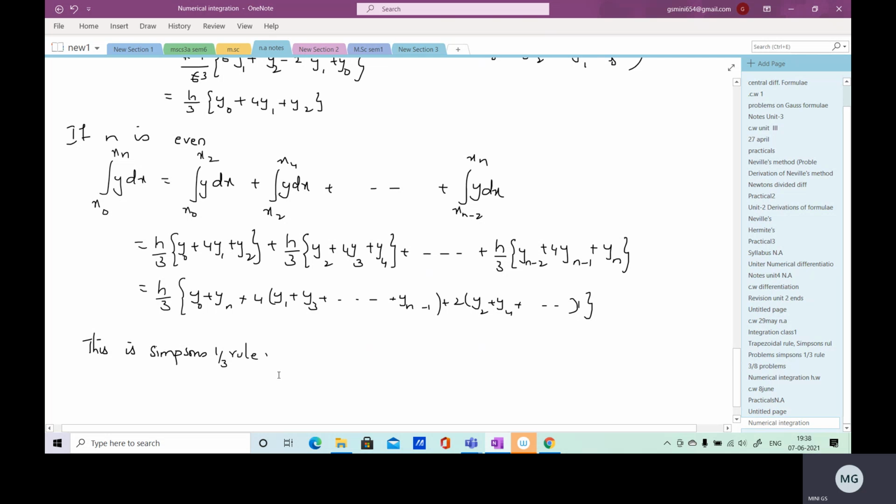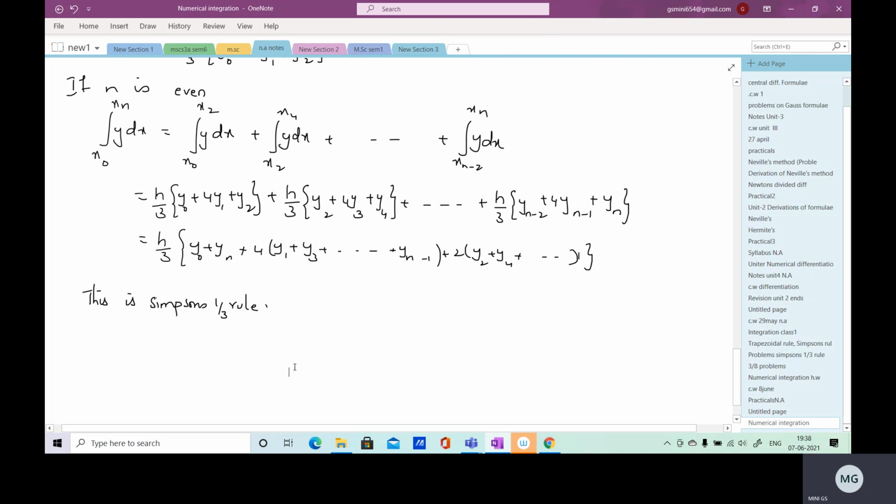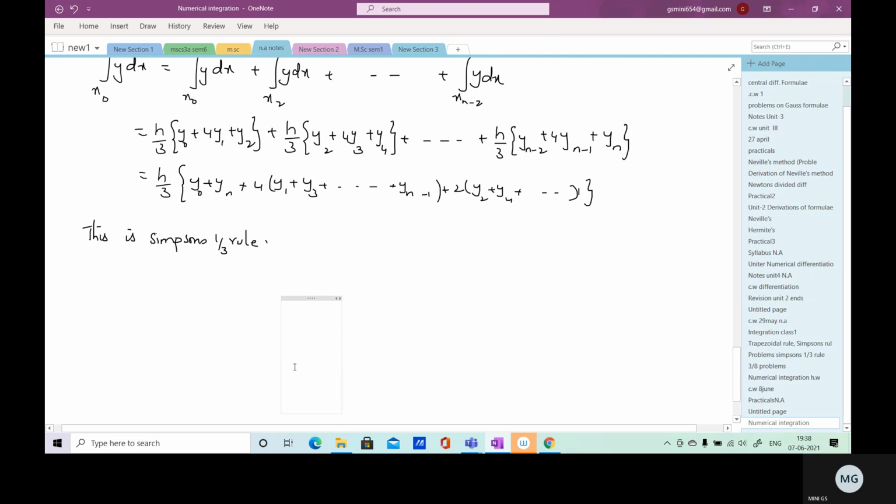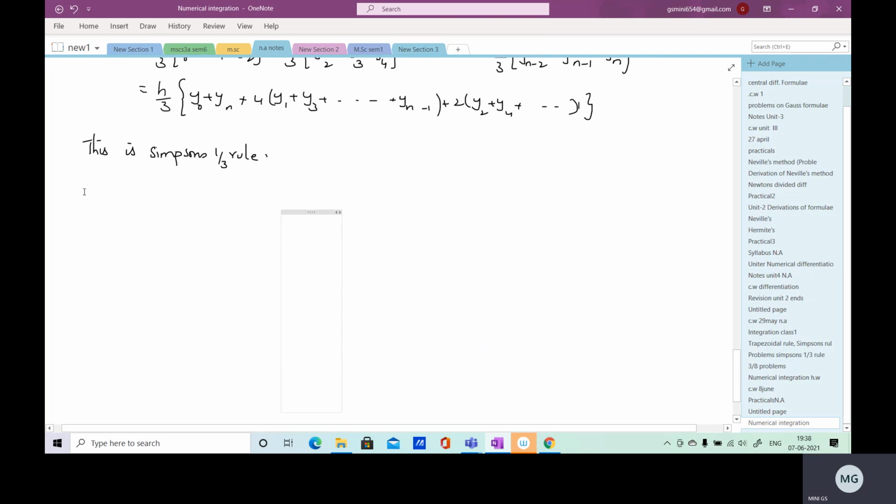Next comes Simpson's 3 by 8 rule. Here what you will do is you will put n equal to 3 in the general formula. So what happens here?